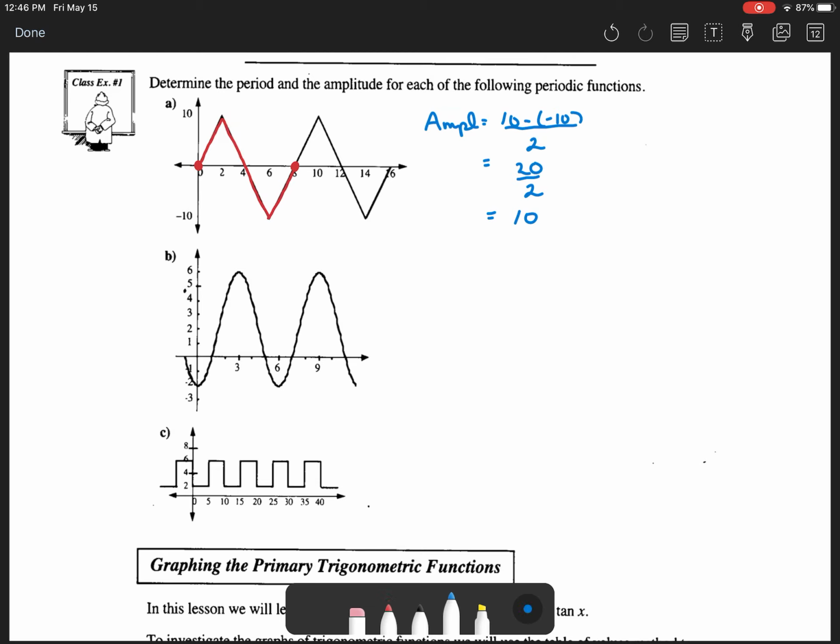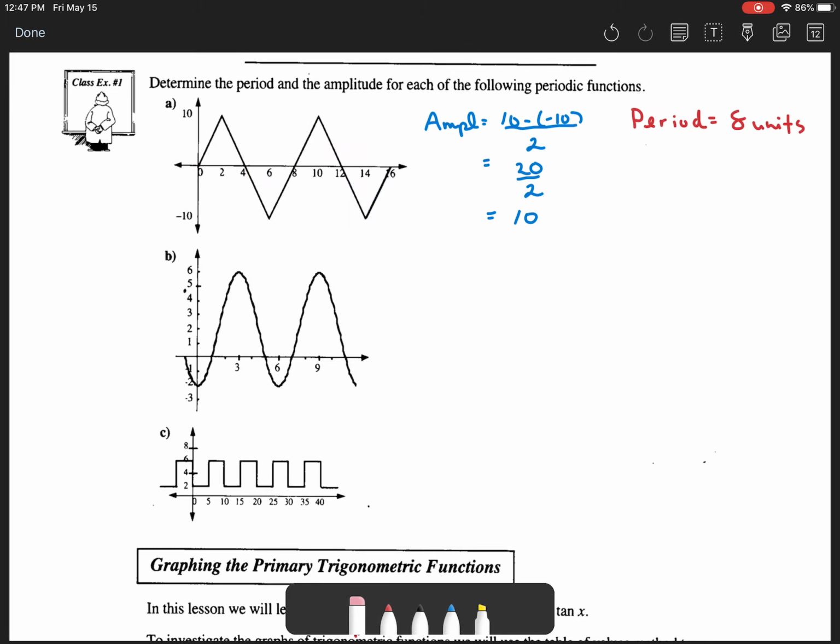It's at this point that the graph now starts to repeat. So there's the same shape again. So I'm worried about that horizontal distance, which is from here to here, which would be 8, right? It takes 8 units. You can see that on the x-axis. So in this case, I would simply say that the period is equal to 8 units.